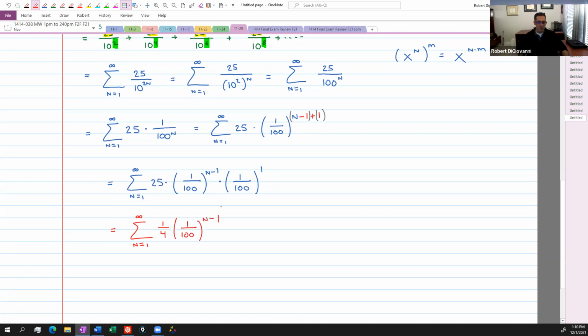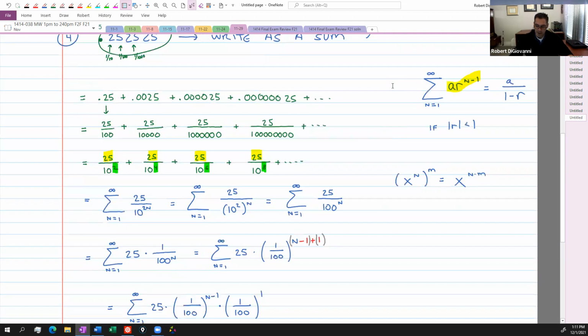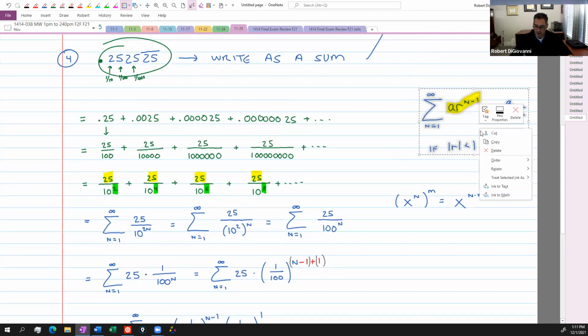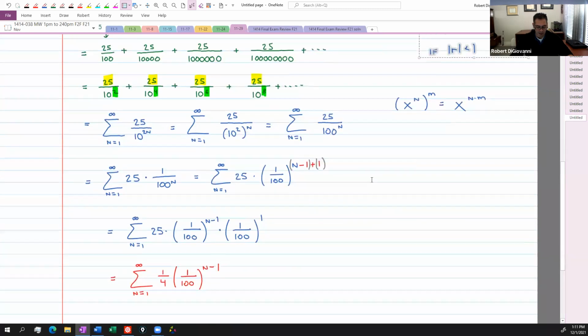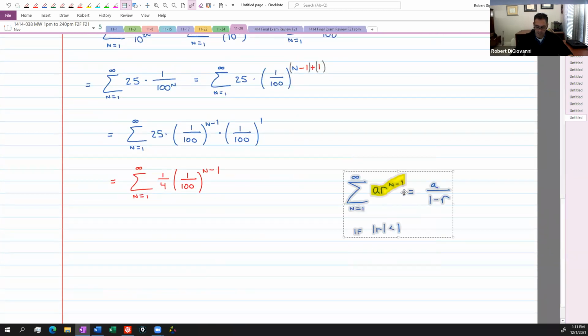I have arrived. I've arrived because my goal was to try and get it to look like something like what's here in the yellow. So for me, I can say that my A is 1/4. And I can say that my R is 1/100.